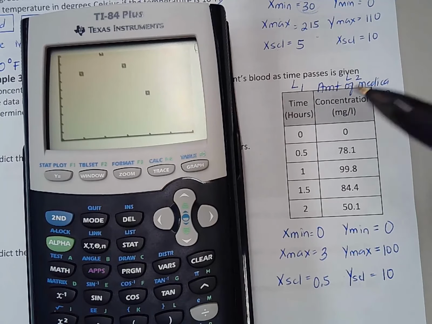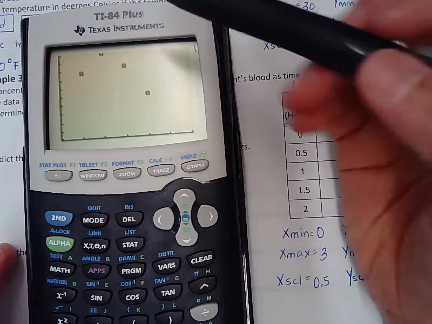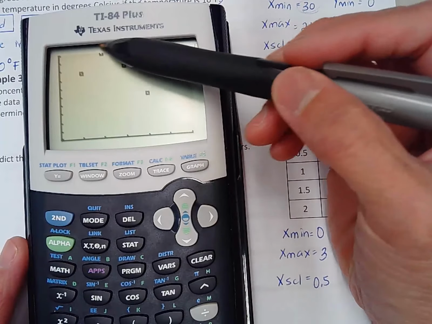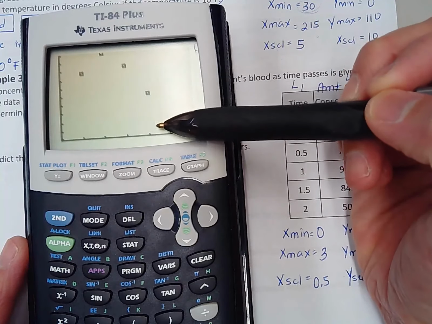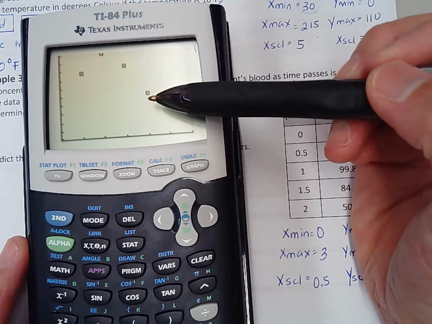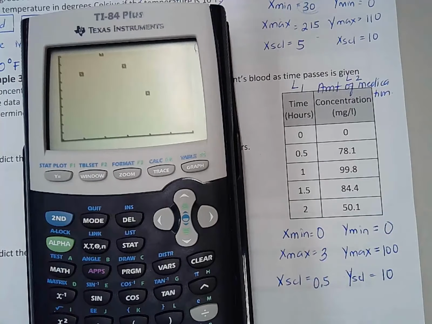Now, looking at that, what does that kind of look like to you? It kind of looks like going up like that and then down. Okay. Quadratic.